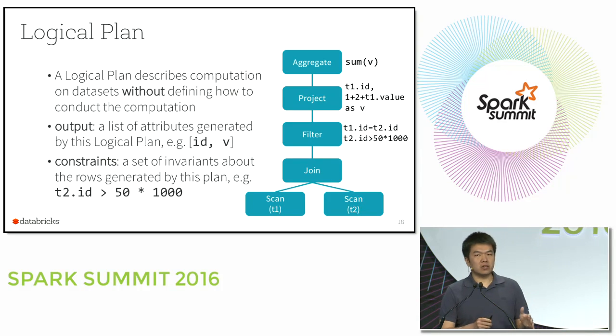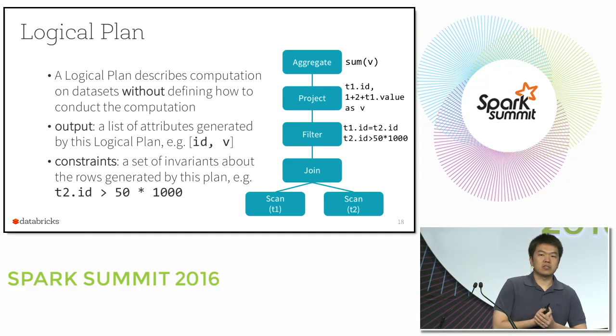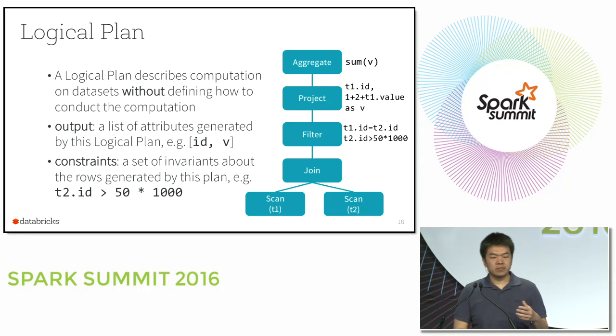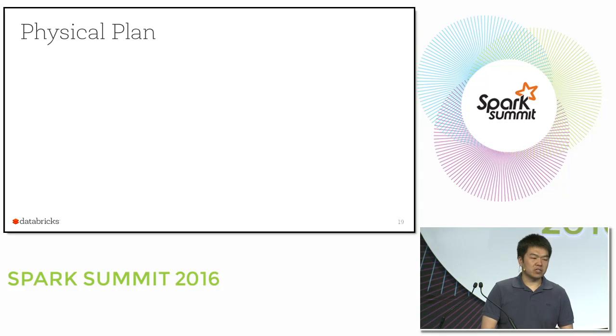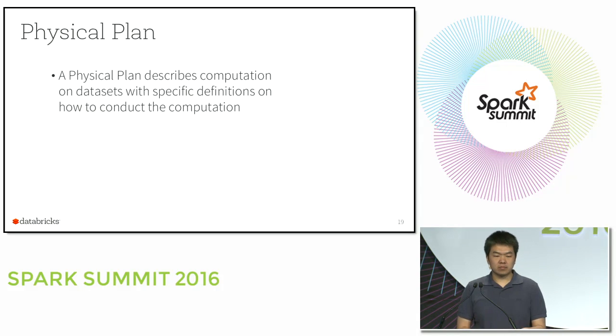OK, and now this is a logical plan. The logical plan does not define how we actually execute the data operation. So we need another abstraction to let Spark know how to evaluate operations, which is a physical plan. A physical plan describes a computation on a data set with a specific definition of how to conduct the computation.